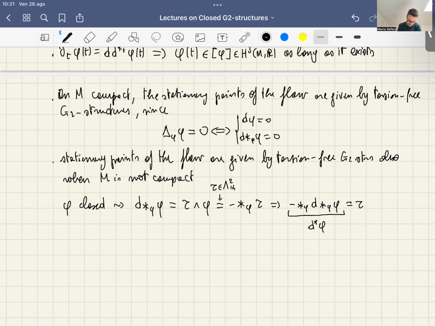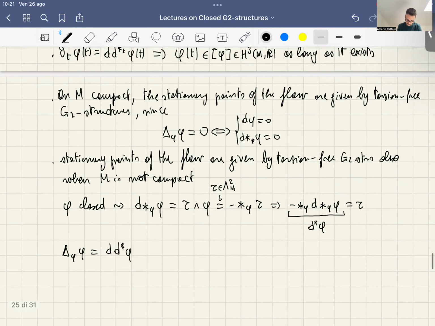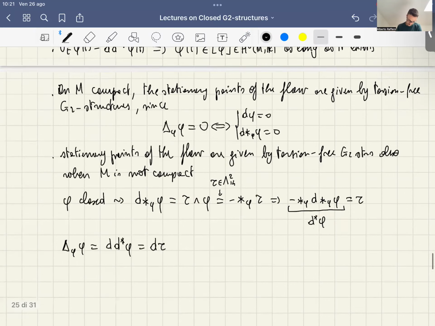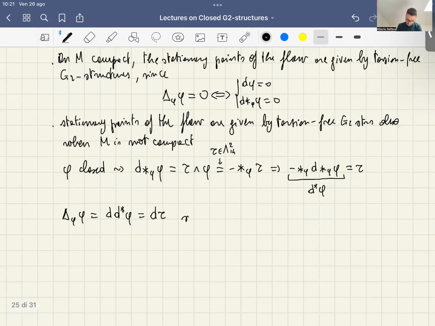So in particular, as a consequence, you have the Hodge Laplacian of the three-form phi that is closed, and which is thus equal to d d-star phi, which is equal to the differential of tau, since phi is closed.